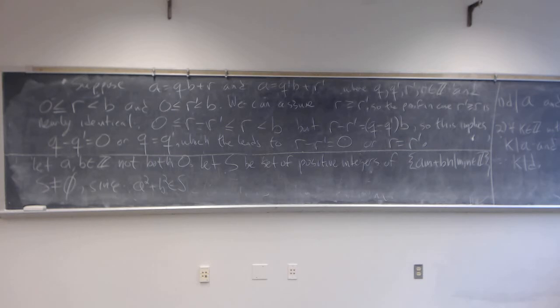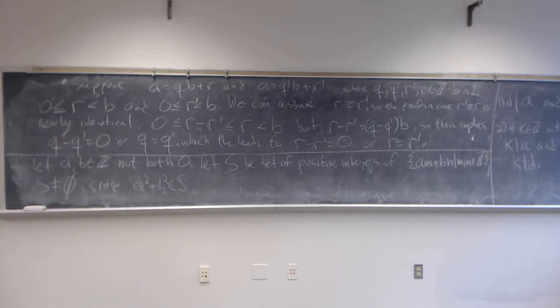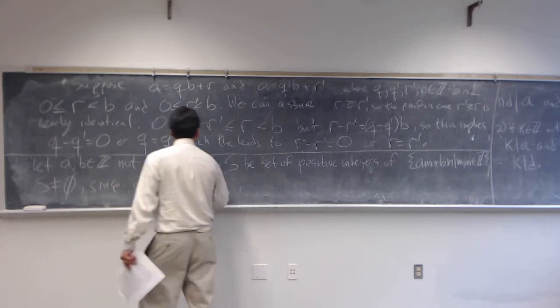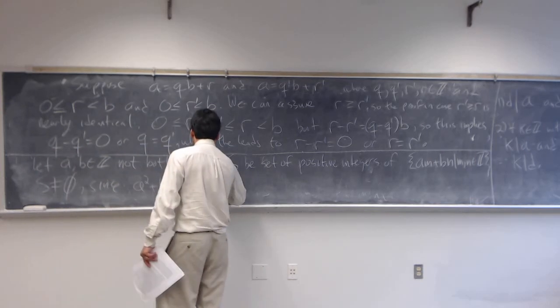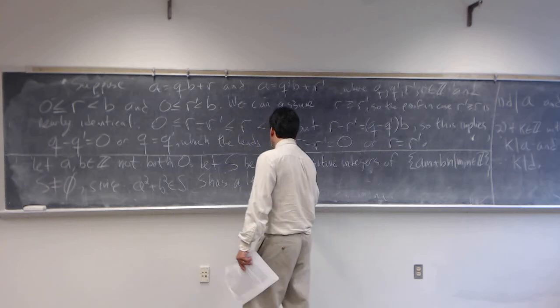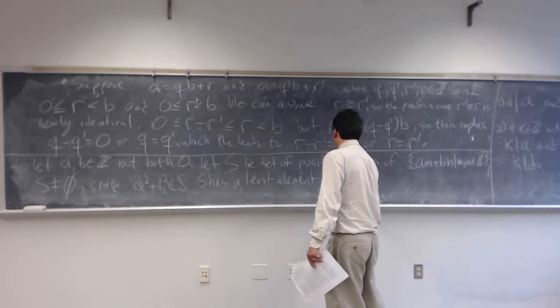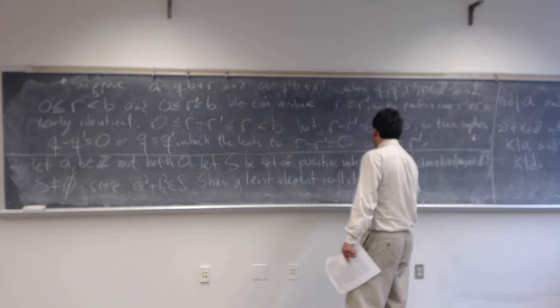The other one will be either positive or 0, so their sum is going to be positive. So S has a least element, call it D.